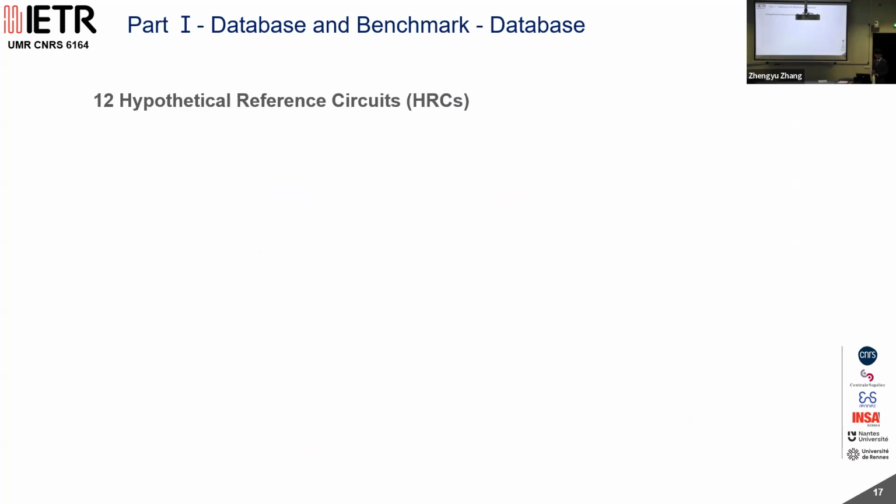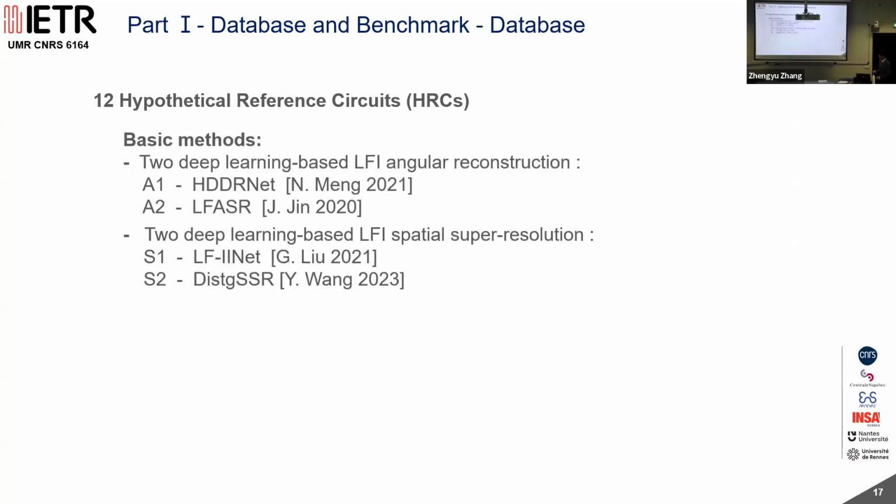Then we define 12 hypothetical reference circuits, HRCs. Here, all the HRCs are generated from 4 basic methods, including 2 deep learning-based light field image angular reconstruction methods and 2 spatial super-resolution methods, denoted as A1, A2, S1, and S2 respectively.